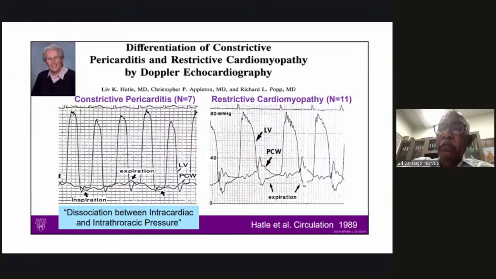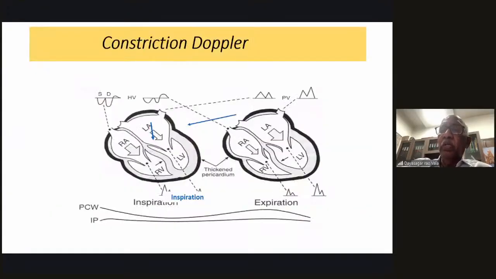Can I have the next slide? Okay, this is what we have shown in a diagrammatic way. You mark the intrapericardial pressure remains the same because it is thick and fibrotic. Whereas the pulmonary capillary wedge pressure or the left atrial pressure, where the left atrium and pulmonary veins are extrapericardial, move with changes in the pleural and intrathoracic pressure.